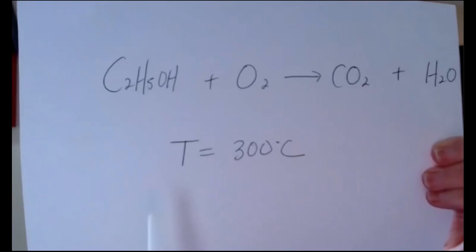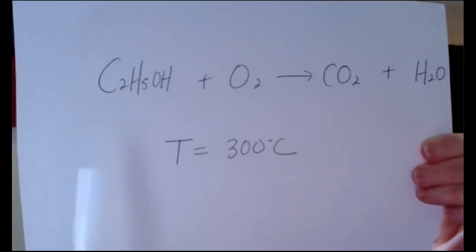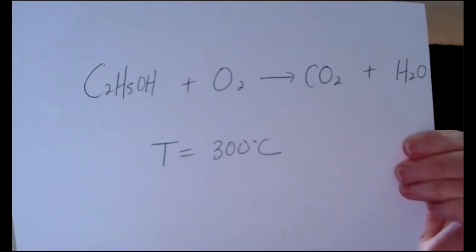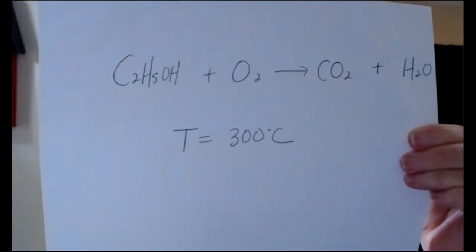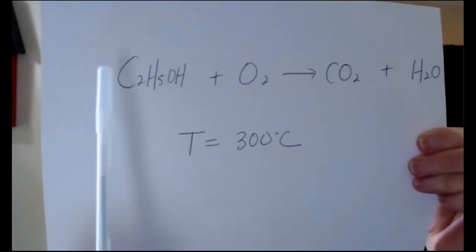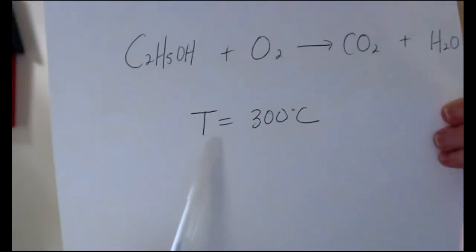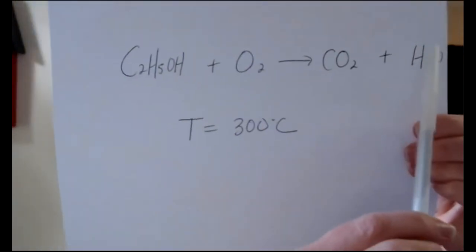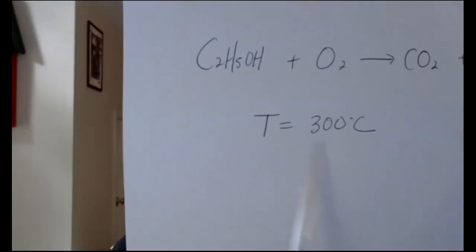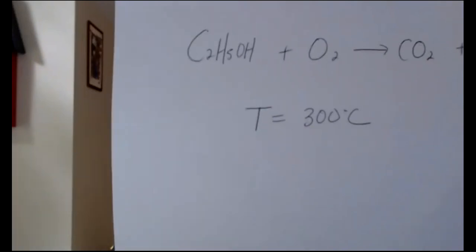Why do you think in a problem we would report this temperature like this versus, say, room temperature? Because it's a combustion equation. And if I give you a hot temperature, what physical states are these now? Gases. Exactly. So if I give you a volume here at this temperature, and I want to know a volume of steam at that temperature, once the student balances, you can use your mole ratio.